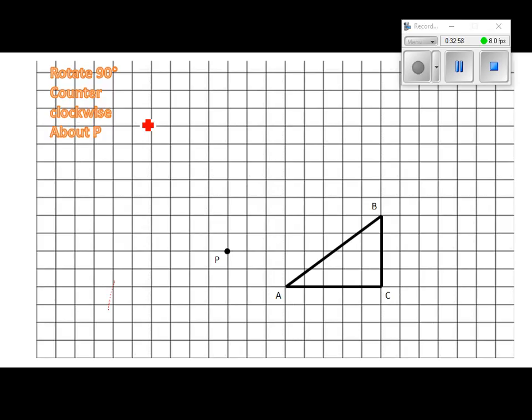I'm going to be looking for three things. Number one, if I rotate this 90 degrees about point P, what should be true about that shape when I'm done? It should be the same. Your shape should look the same. We're not making it bigger or smaller. Second, did you go the correct direction? If I said rotate it 90 degrees counterclockwise, which direction is my shape going to be moving?